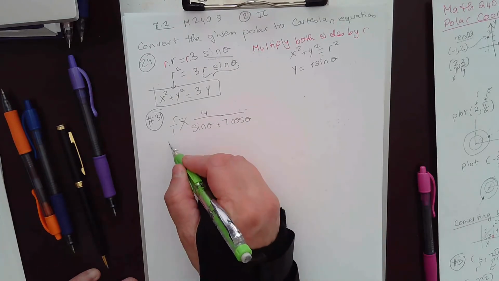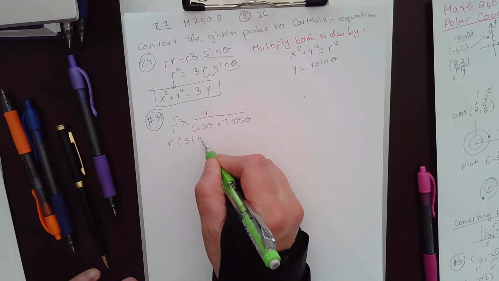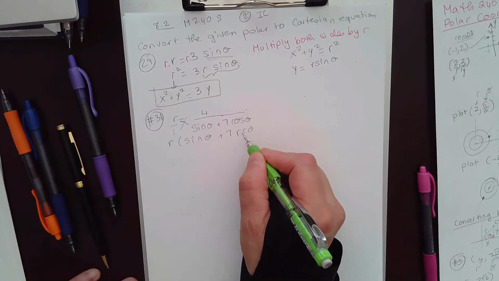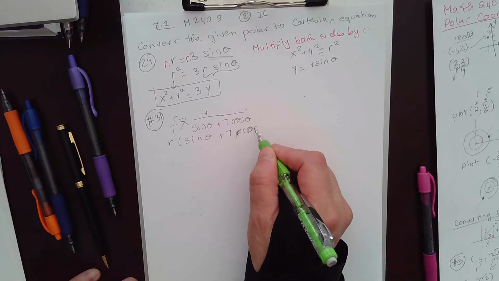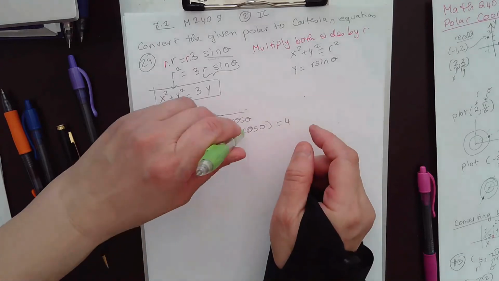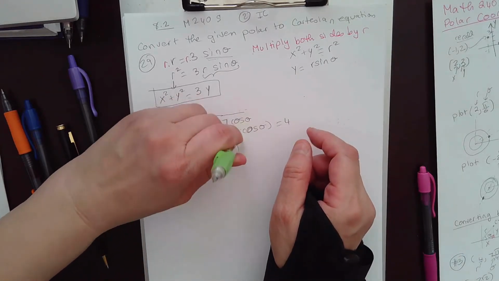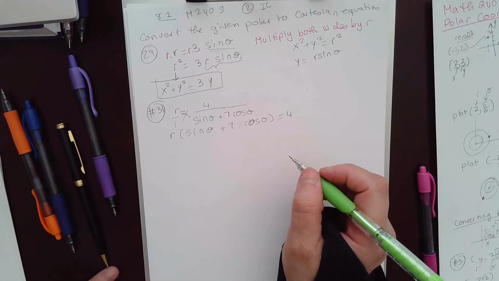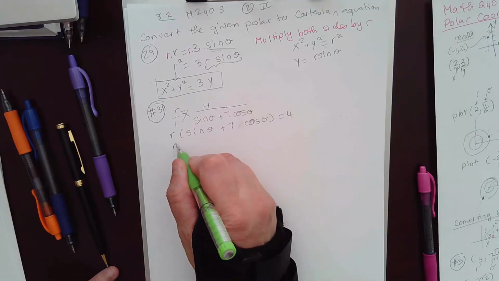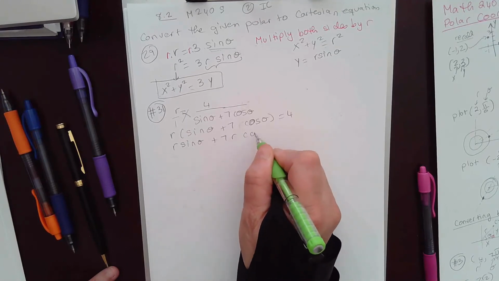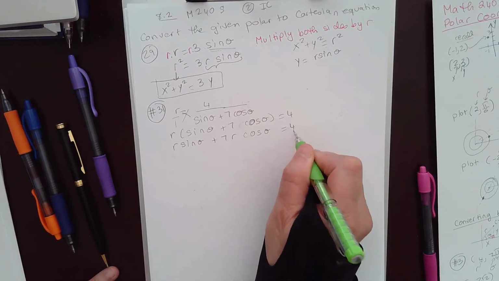So r sine theta plus 7 cosine theta equal to 4. Right? So now distributing the r, you're going to have r sine theta plus 7r cosine theta equal to 4.